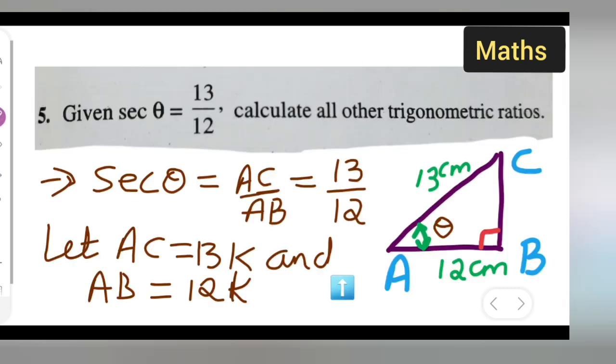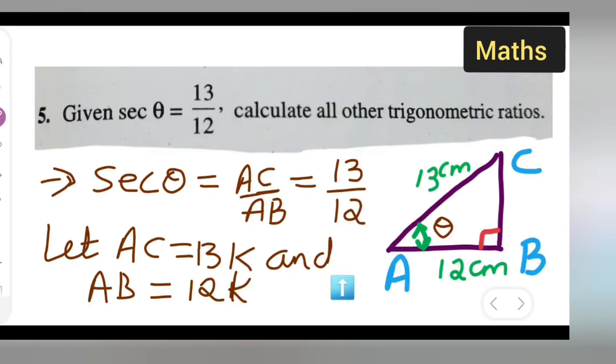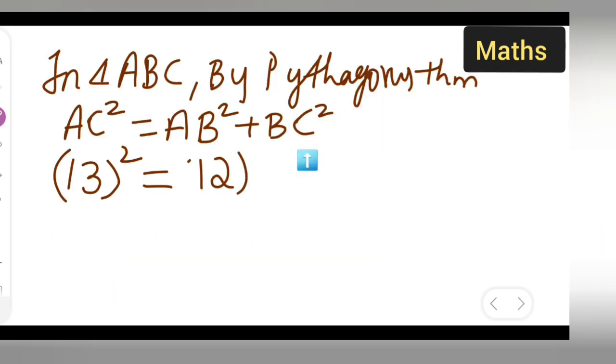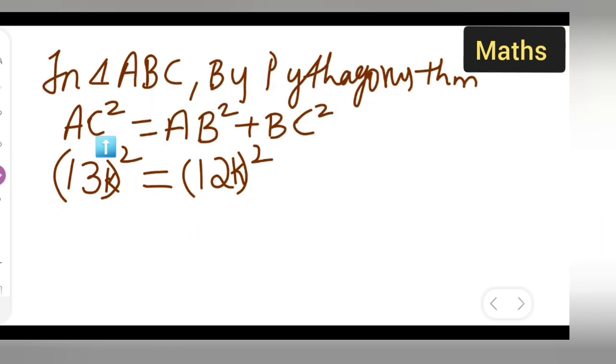Now write down what AC is, 13k, and AB is 12k, because we have replaced AC by 13k and AB by 12k.